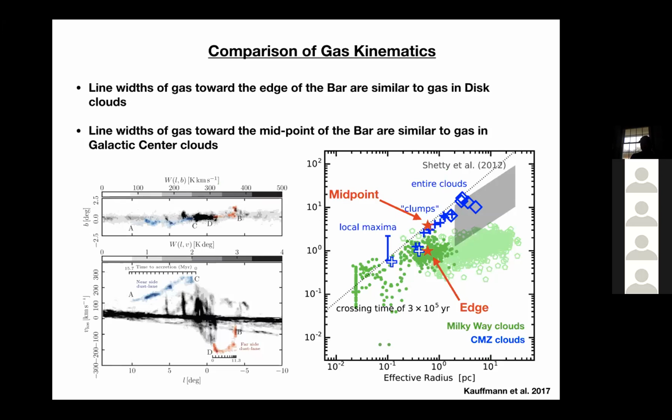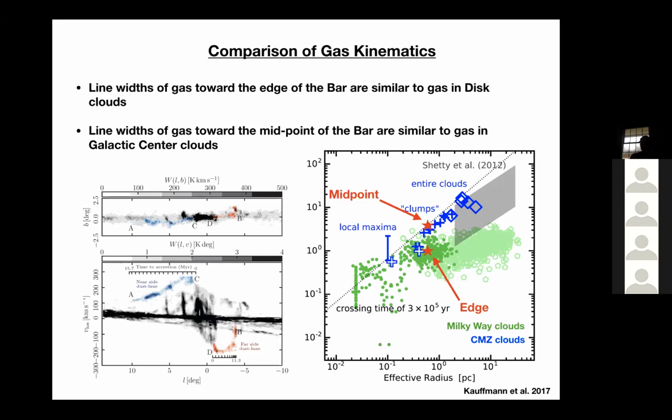The figure shown here on the right is from Kaufman 2017, where they show a comparison of CMZ clouds to galactic disk clouds. The green points show the velocity dispersion as a function of radii. And looking at the edge points, we're seeing similar kinematics to what we would observe for the Milky Way disk clouds.